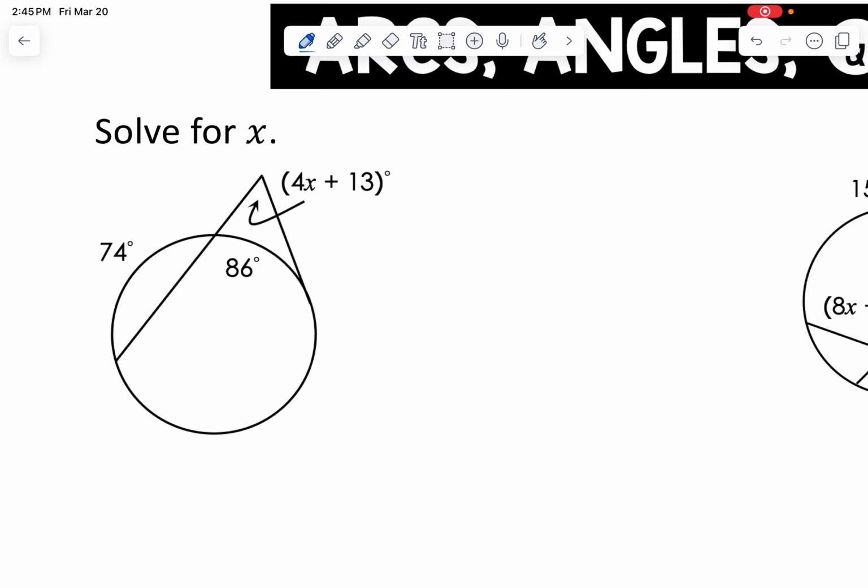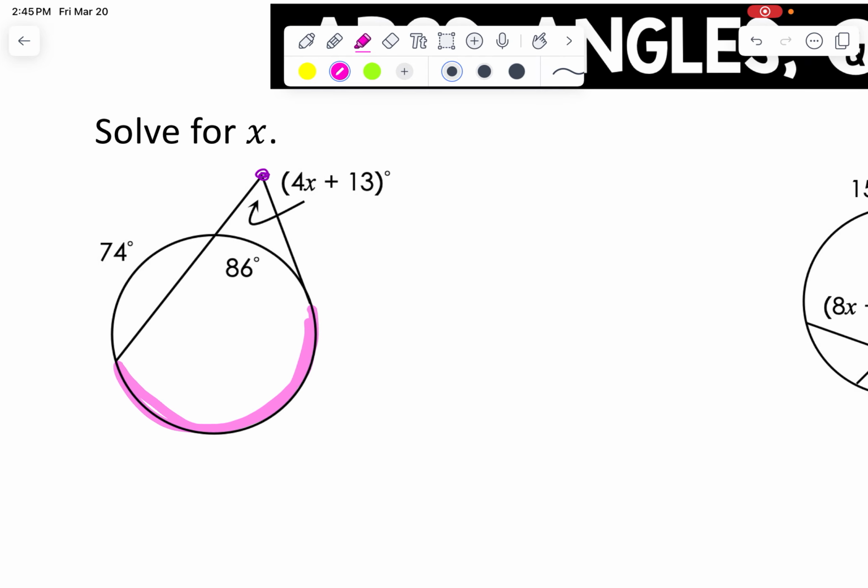I first want to identify where the lines intersect, and you'll notice this intersecting point is outside of the circle. So I should be thinking, I've got to take the big arc and the small arc and subtract them. Here is my big arc, and here's my small arc. First I need to figure out what this arc right here is.